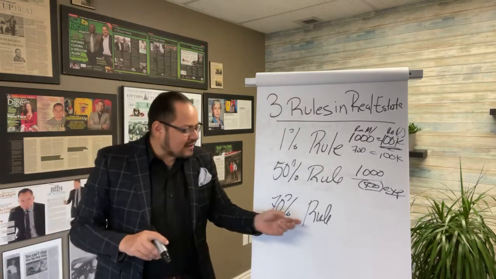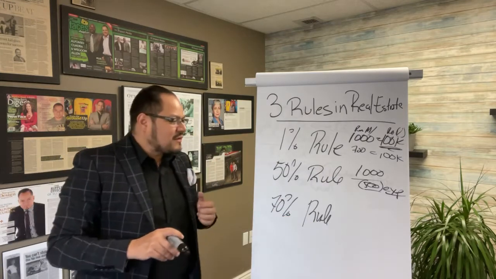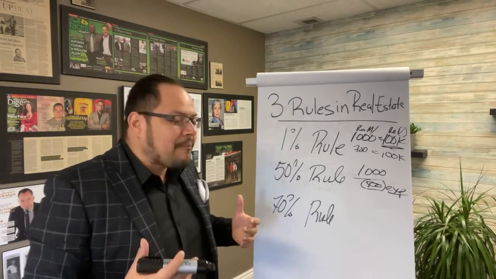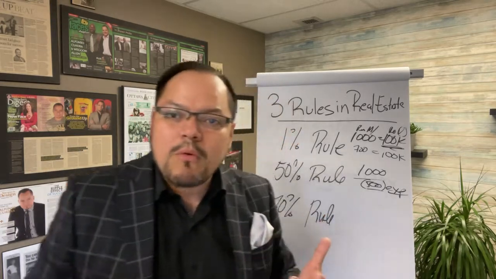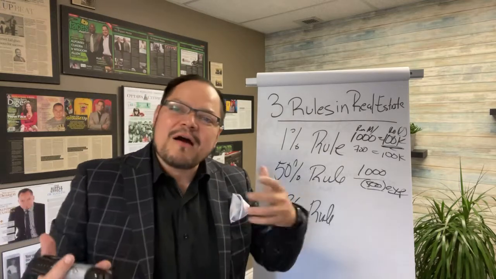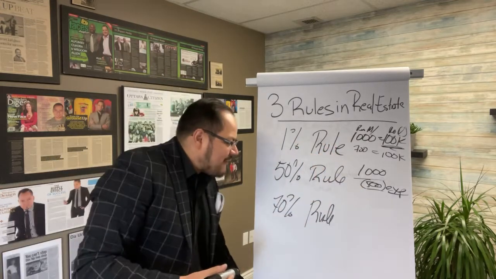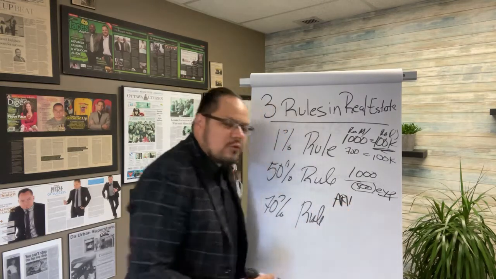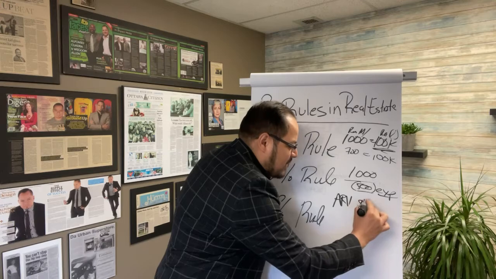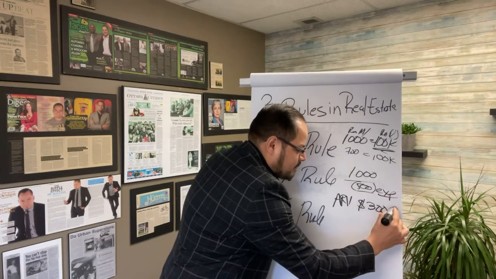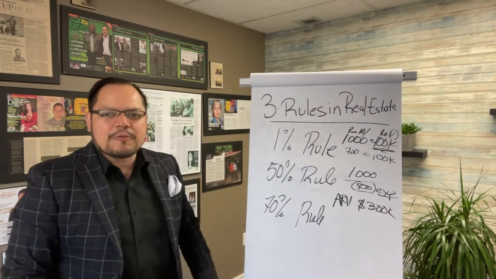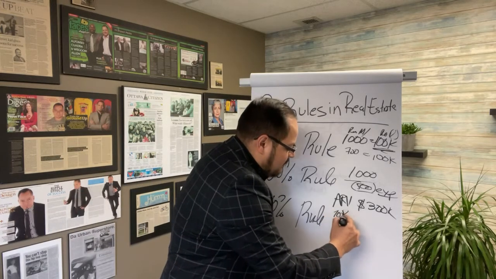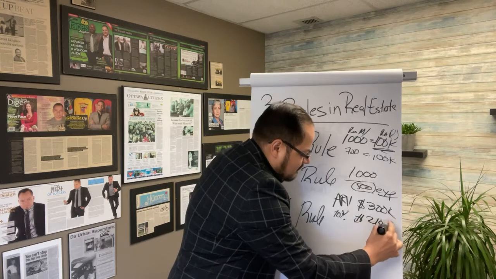But the 70% rule says that when you're flipping a property, you should not pay more than 70% of the ARV. For example, if the after repair value is $300,000, that means that 70% of that would be around $210,000.